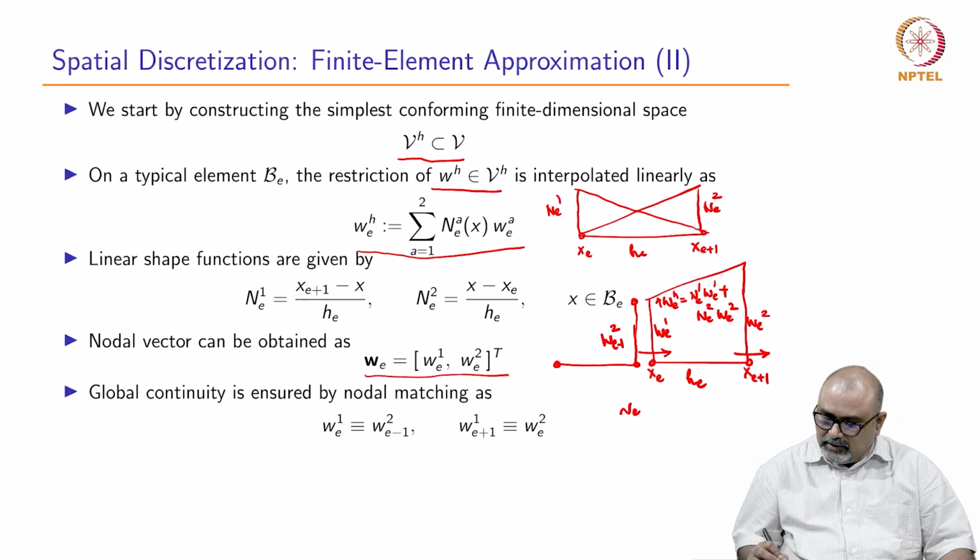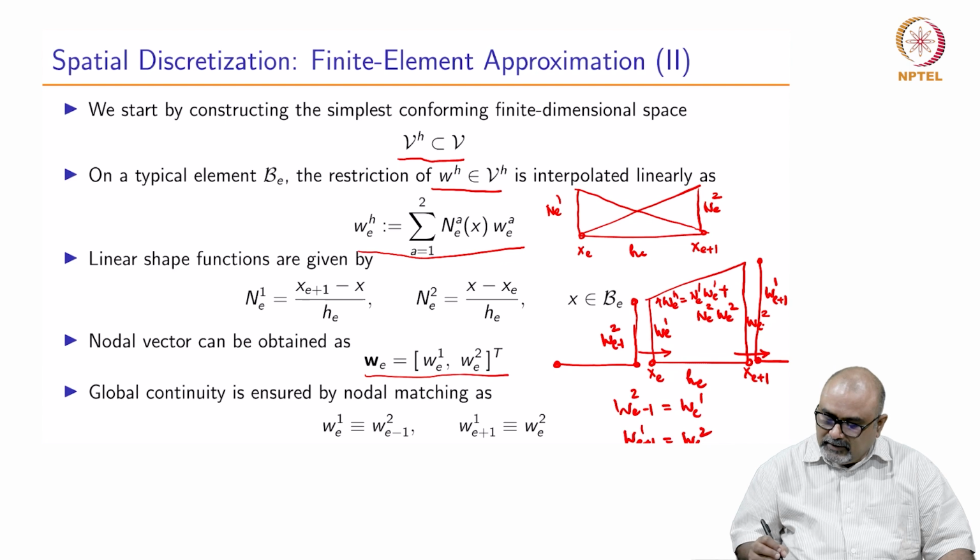So, WE minus 1 at 2 is equal to WE1, and similarly at this node for the next element, WE plus 1 is equal to W2.